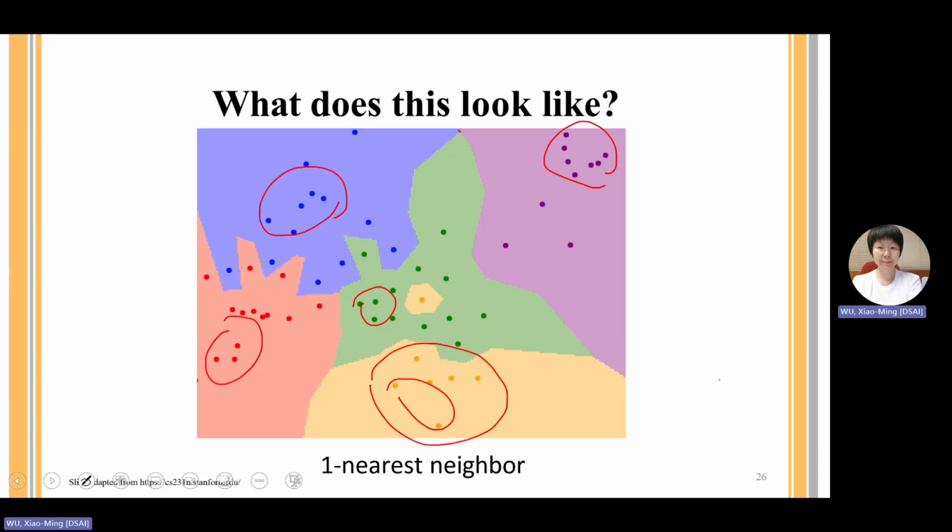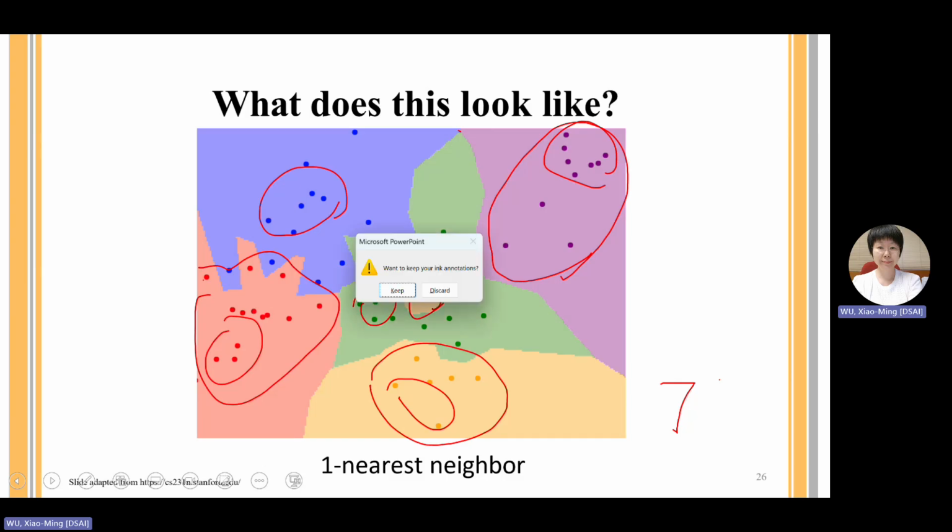So there are 6 here, 1 over there. So there are 7 training samples for the yellow class. And for the red one, more than 10, and a few here, about 10. Okay, so the colored points represent training samples.